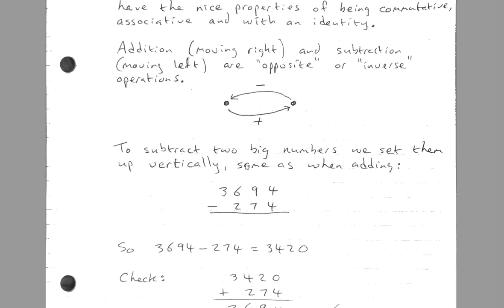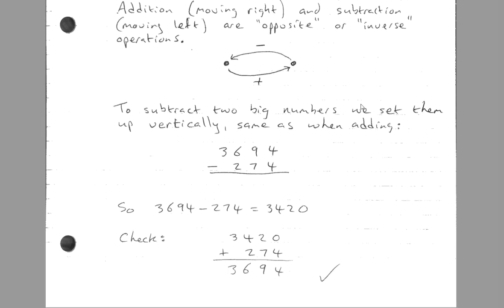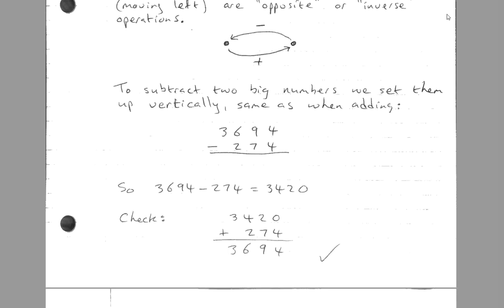All right, so subtracting big numbers, we use the same kind of setup. Write the two numbers vertically with the ones lined up. Okay, but now we're subtracting.